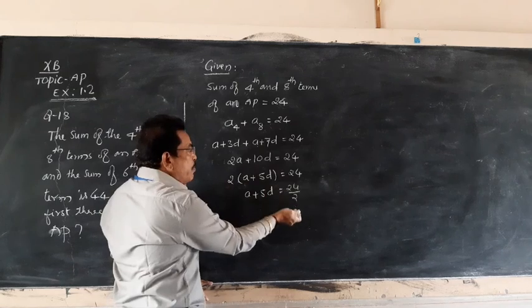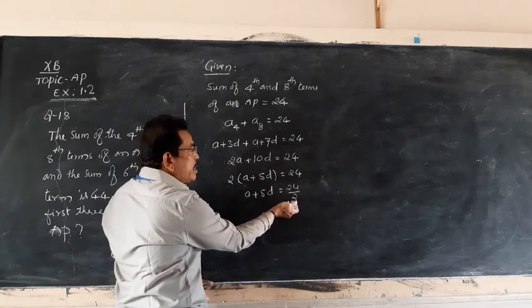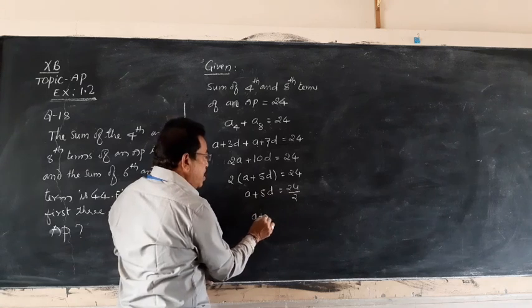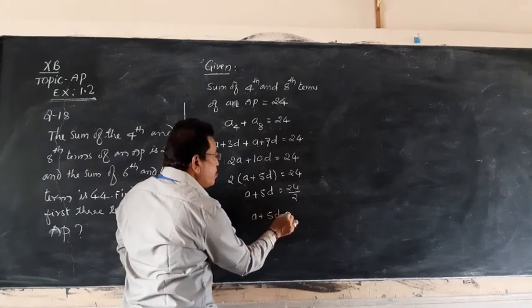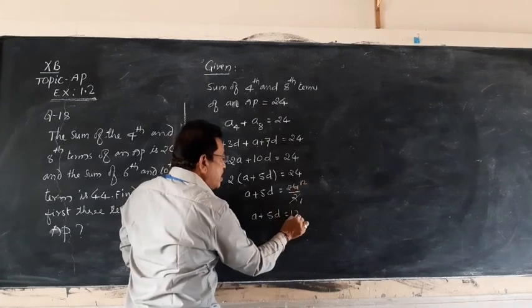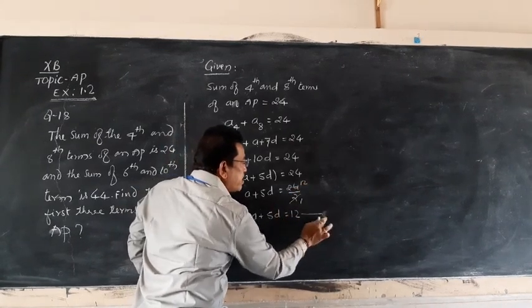So 24 divided by 2 is 12. A plus 5D equals 12. We got equation 1.